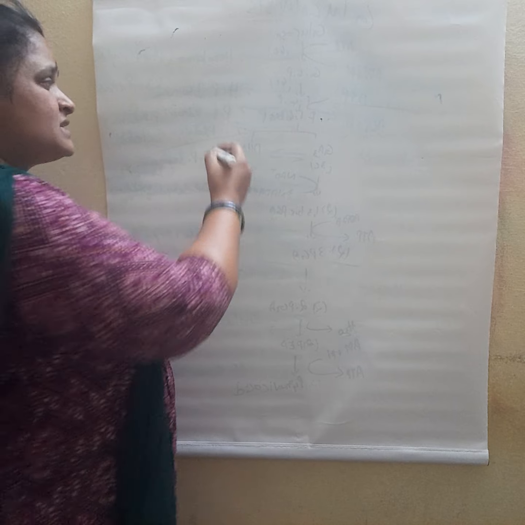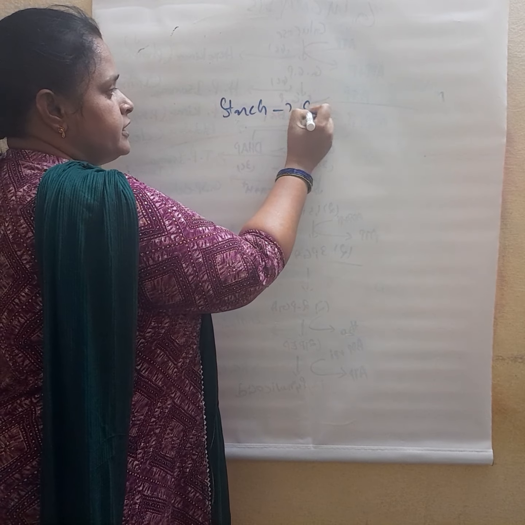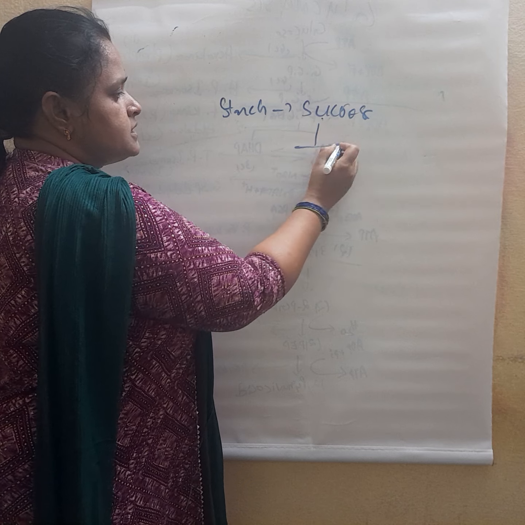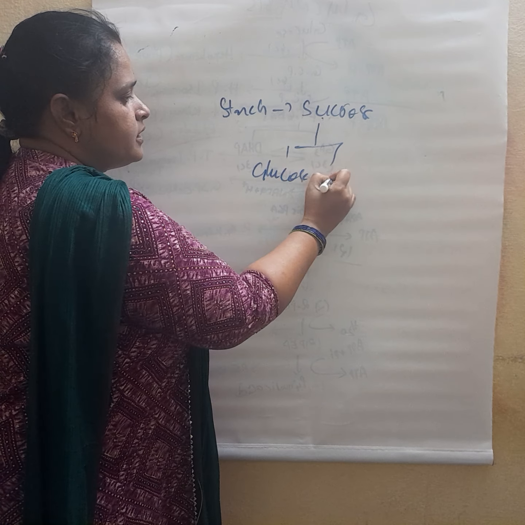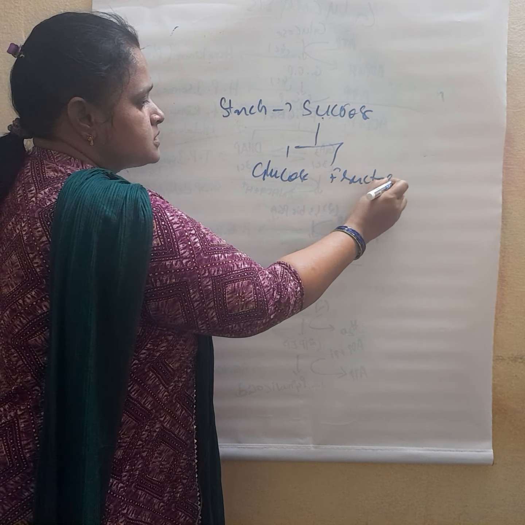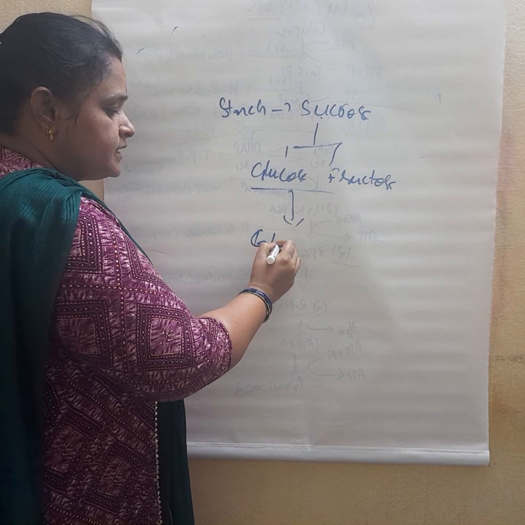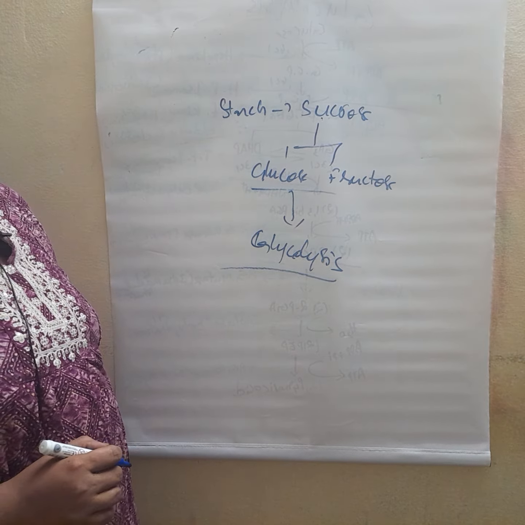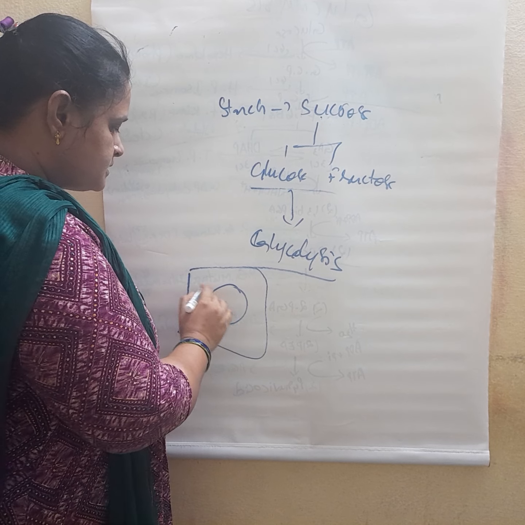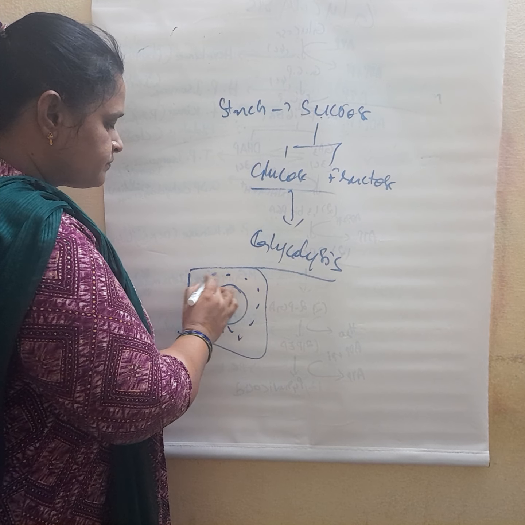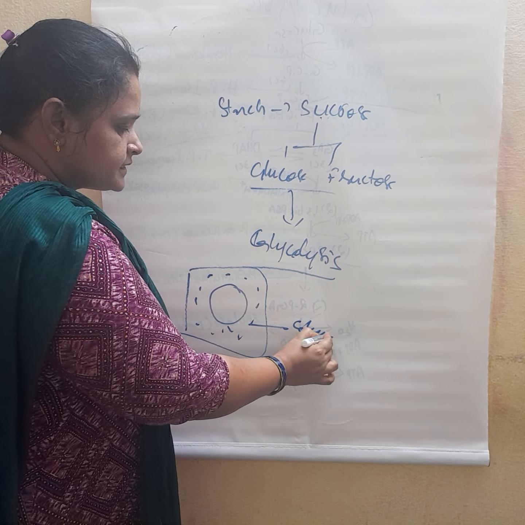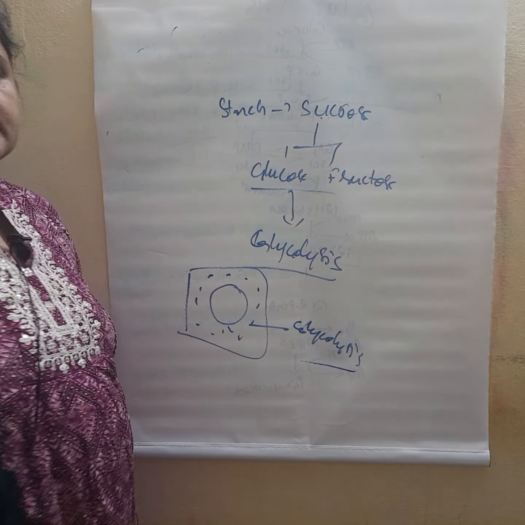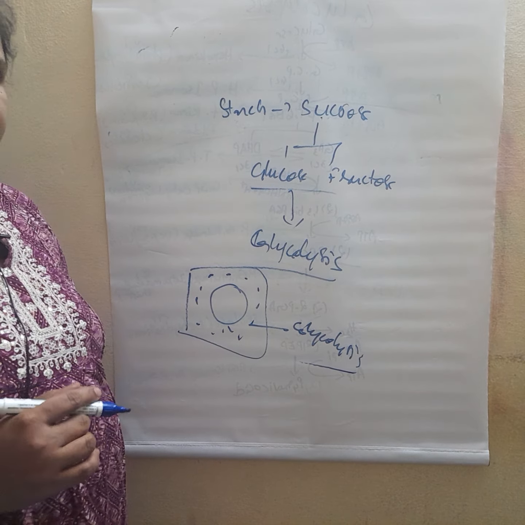Usually after photosynthesis starch is formed, right? Starch is converted into sucrose. Next this sucrose is converted into glucose and fructose. These now enter the first step, that is glycolysis. Usually glycolysis takes place in the cytoplasm of the cell.